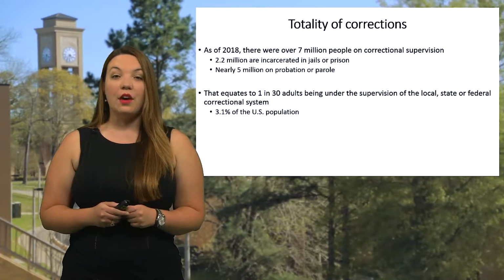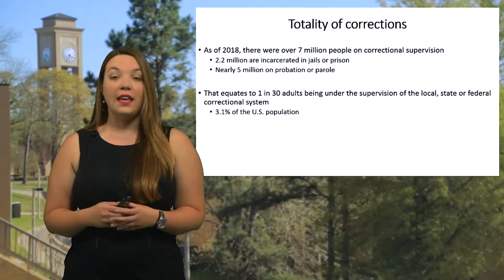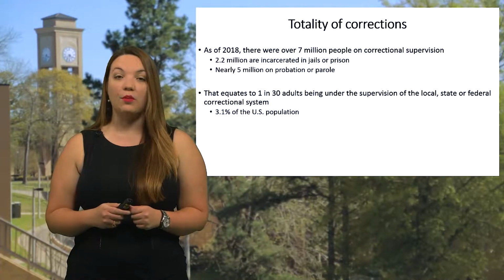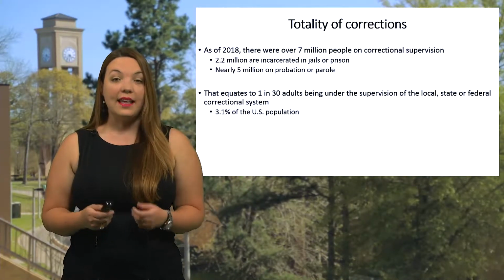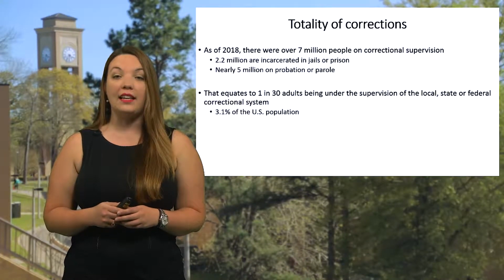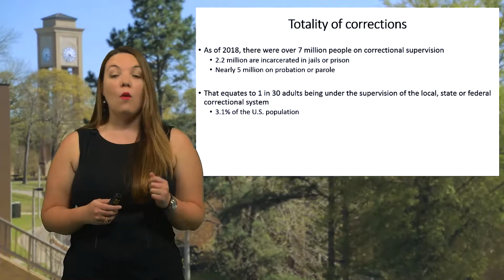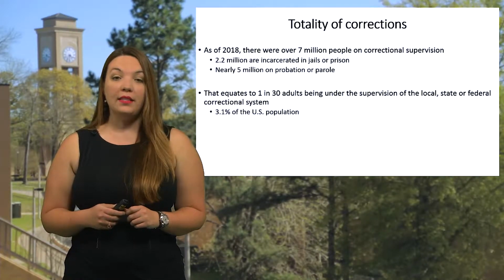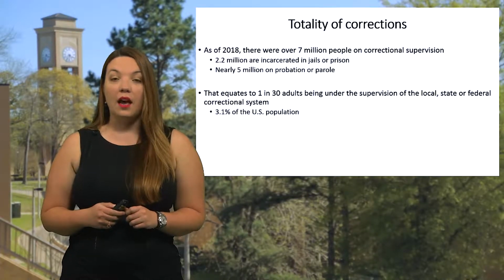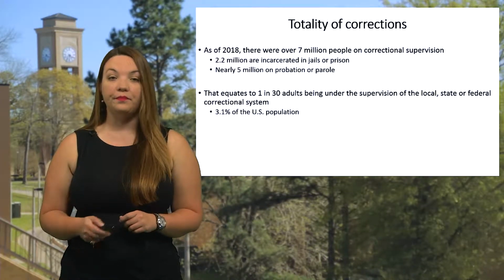This includes those who are incarcerated in jails and prisons, and those who are in community supervision, such as probation and parole. In essence, that means 1 in 30 adults are under some sort of supervision at either the local, state, or federal level. To put this in a different perspective, this equates to about 3.1% of the United States population.